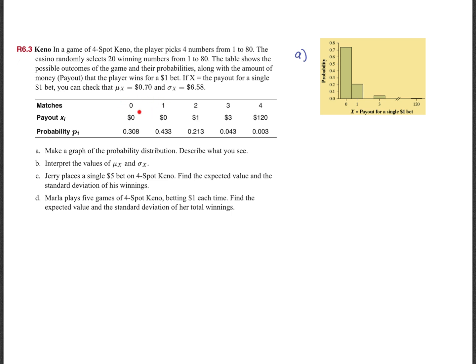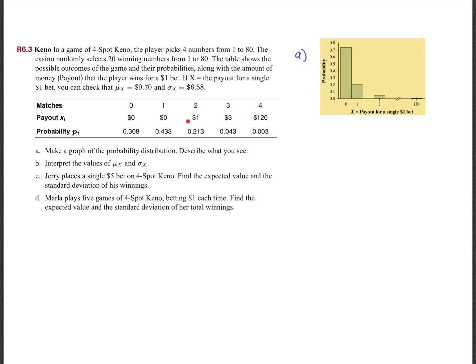They occur for different matches, but they're still the same outcome. So if you're going to graph it, you can just do one bar and add up the probabilities for that particular outcome, and then you get this big bar. If you add these together, you get something a little bit bigger than 0.7, and that's why this bar is a little bit higher than 0.7.